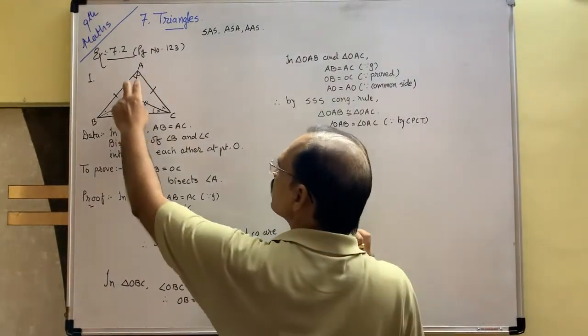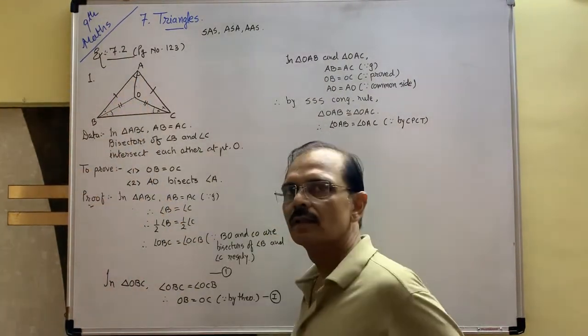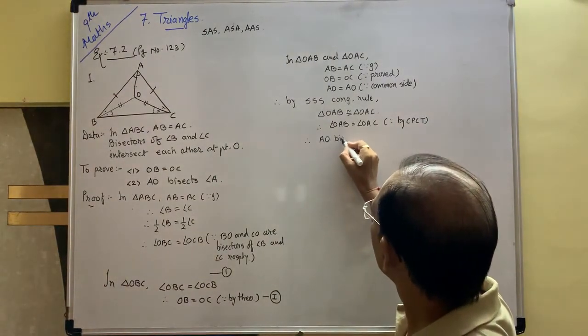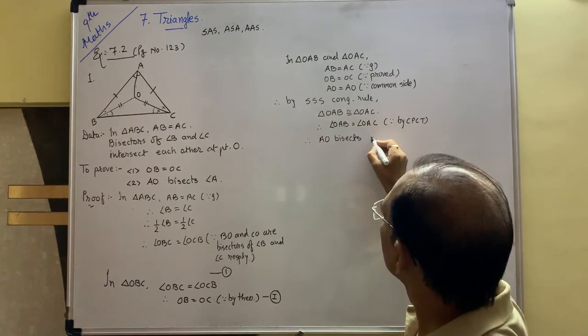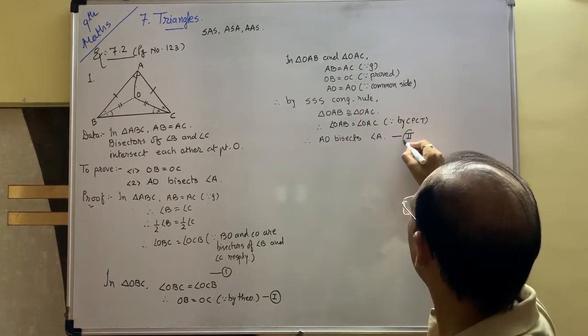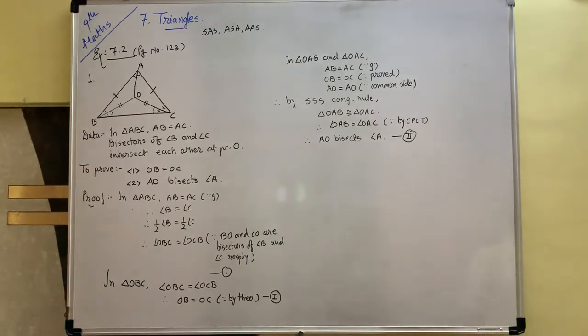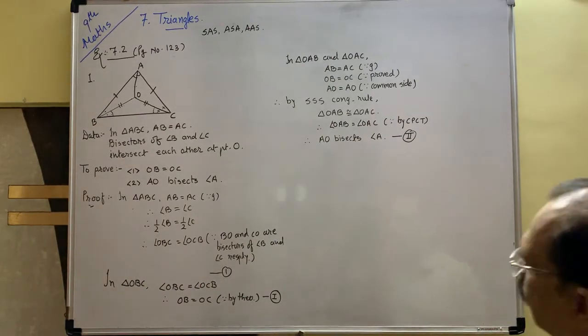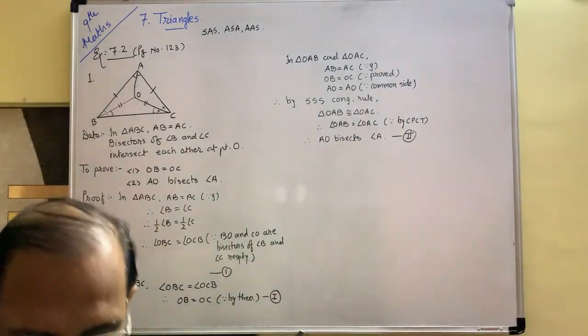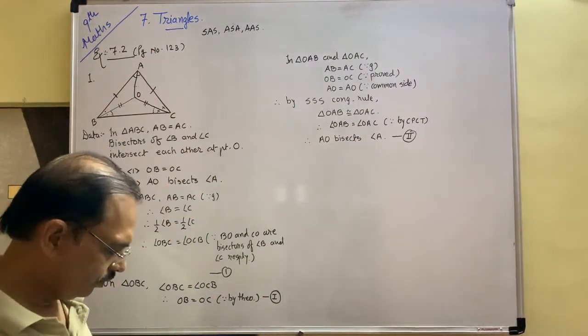If these two angles are equal, you can say that AO bisects angle A. Hence we prove this, number 1. Now question number 2.